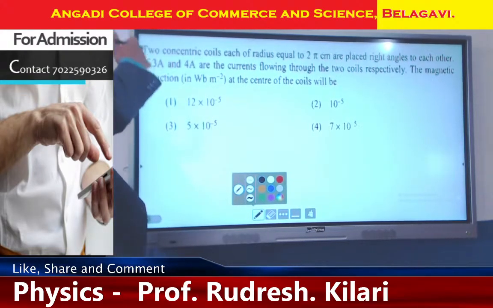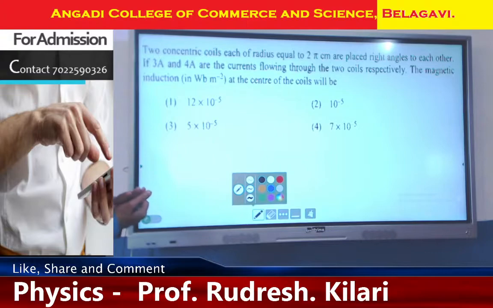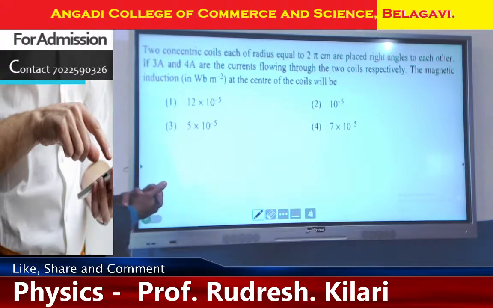Okay, next. Important, this question. Again, this question was asked in the Karnataka State CET exam 2016 paper. Two concentric coils, each of radius 2 pi centimeter, placed at right angles to each other. 3 and 4 amperes of current flow through the coils respectively.